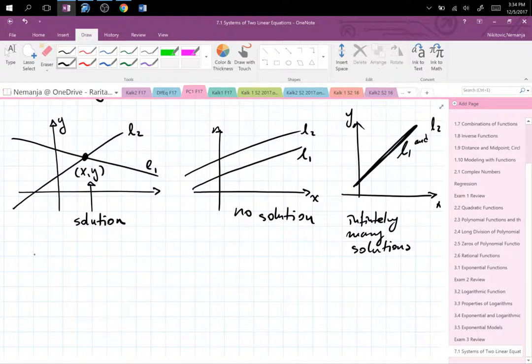But graphing is the first thing that you try and learn, but graphing is not practical at all, because you have to be really, and I mean really precise, in order for it to work.